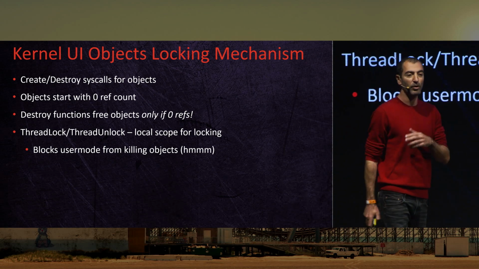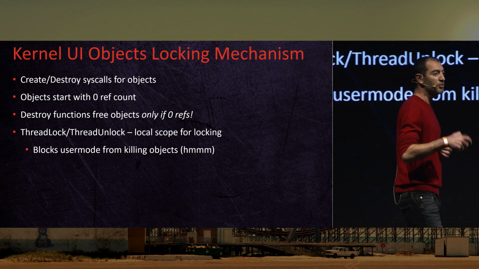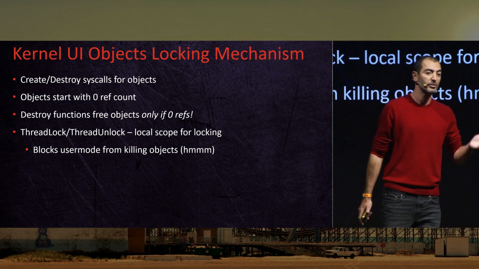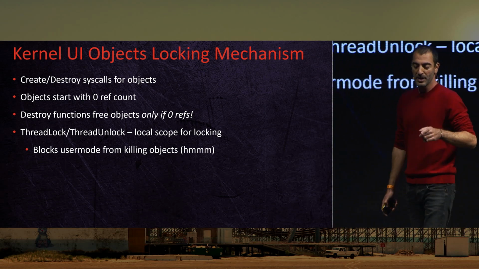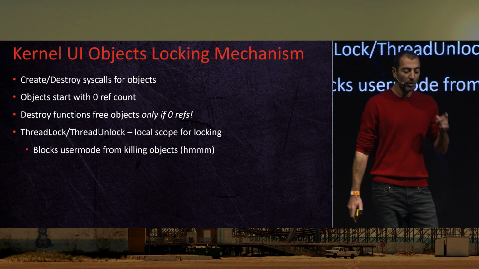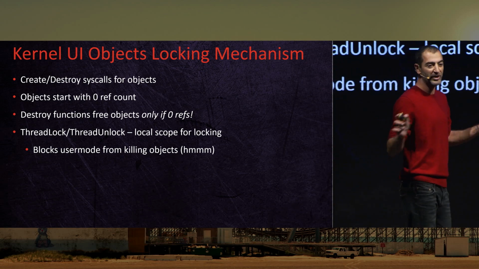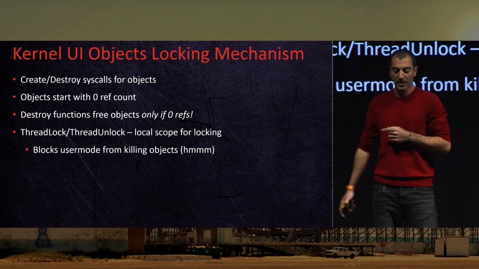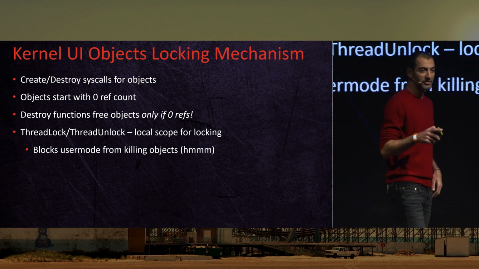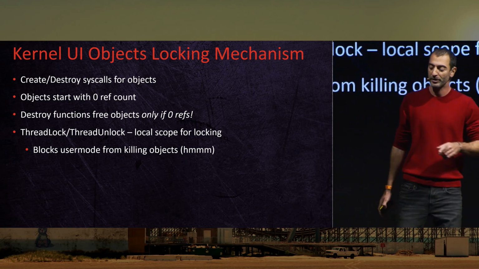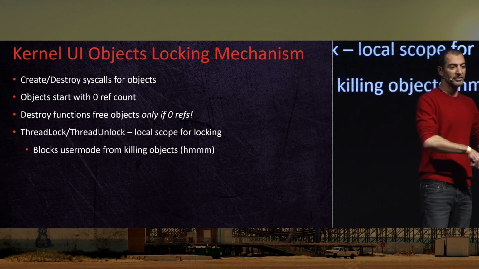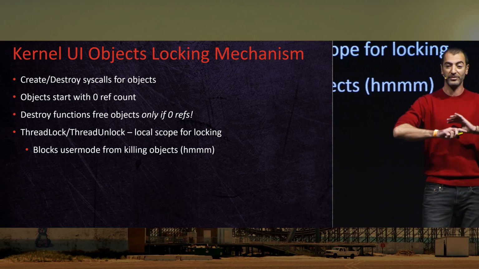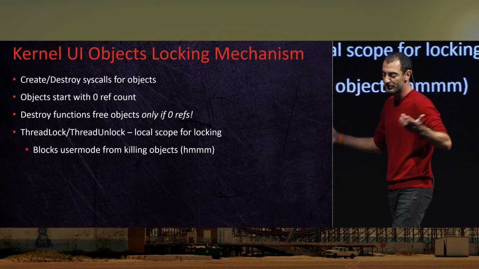But the point is, for all the objects in the kernel, you can just call some syscall to create them, to destroy them. And this is the important thing. All the objects start with 0 ref count. Maybe it's not that intuitive, but that's the case. But the destroy functions, and this is also very important, will only free the object in the kernel when there are 0 references, which makes sense, right?